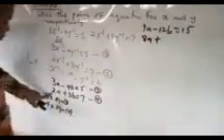Now, 3 times 3 is 9a. 3 times minus 4b is minus 12b. 3 times 5 is equal to 15. 4 times 2a is equal to 8a, plus 4 times 3b is equal to 12b, and 4 times 7 is equal to 28.